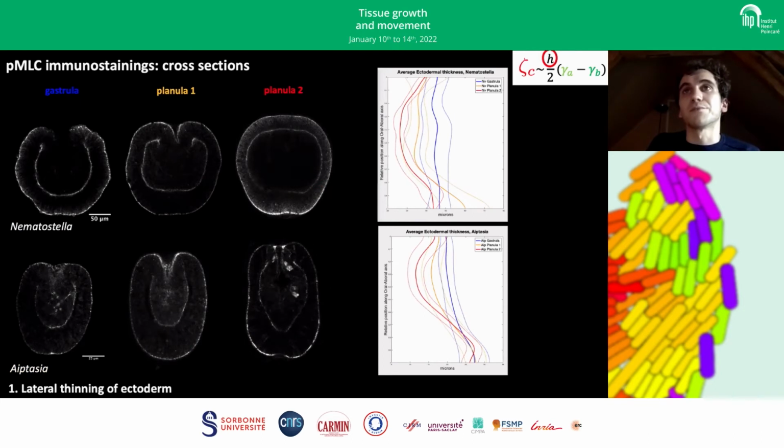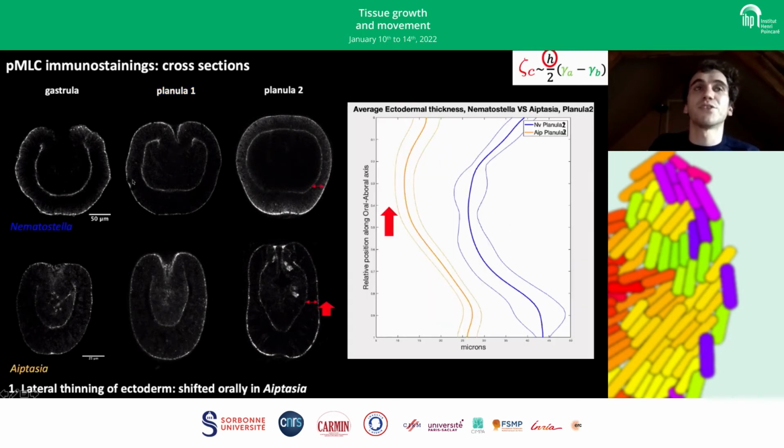The elongation of these animals is marked by a lateral thinning of the ectoderm. First, the profile is quite homogeneous, and after, the layer gets thinner in the lateral side, like here.